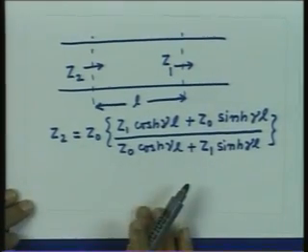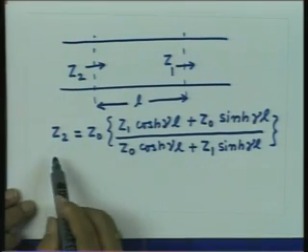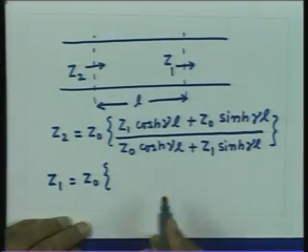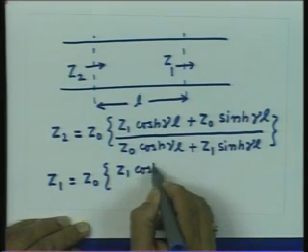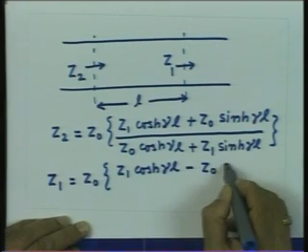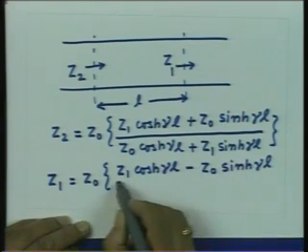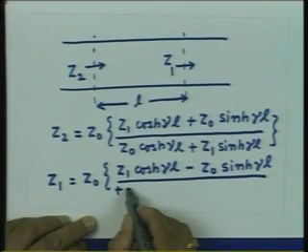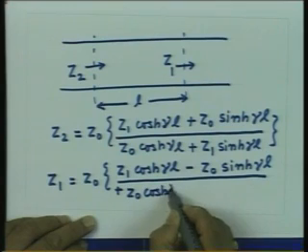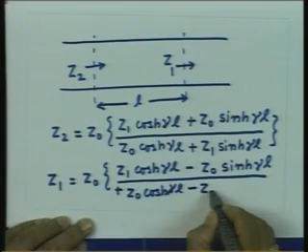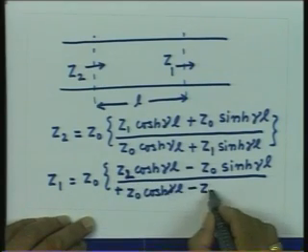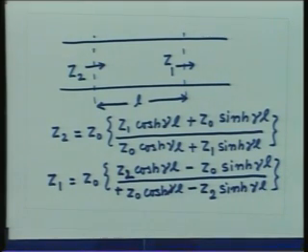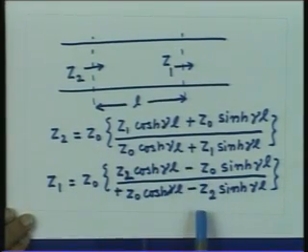If I invert this relationship, that means if I find the value of Z1 in terms of Z2, I will get Z1 is equal to Z0 times Z2 cosh gamma L minus Z0 sinh gamma L, divided by Z0 cosh gamma L minus Z2 sinh gamma L. What has changed is, if I invert this relationship, I will get a negative sign here and a negative sign here.